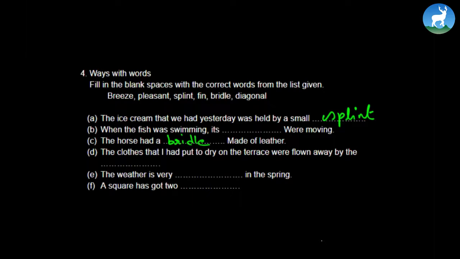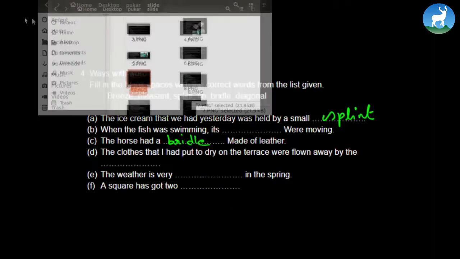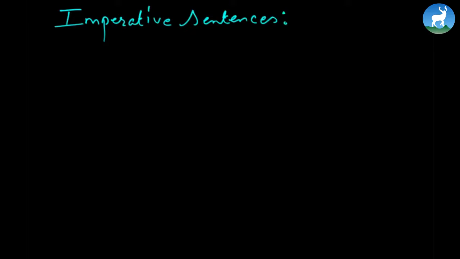Now let's move further. Usually in English, we say there are 5 types of sentences, and one among those 5 types is what we call imperative. So what are imperative sentences?